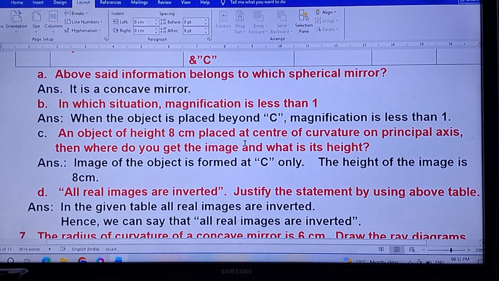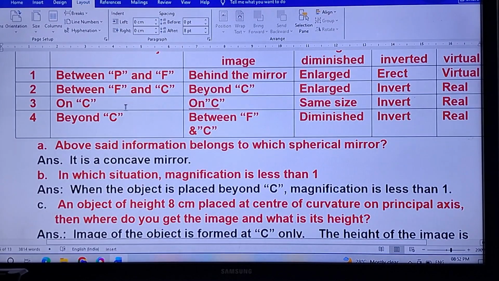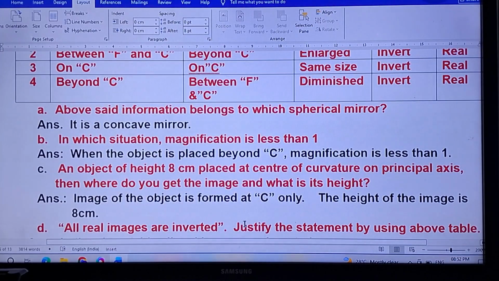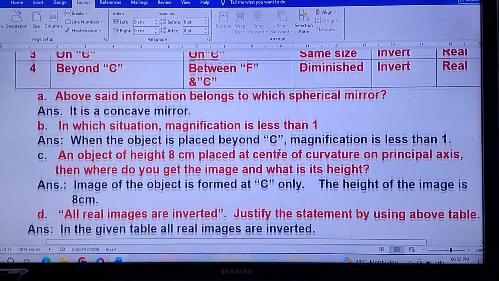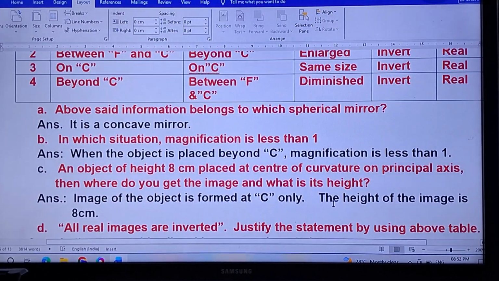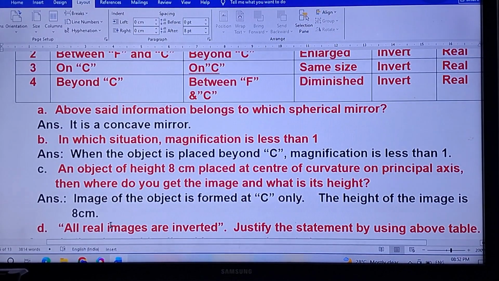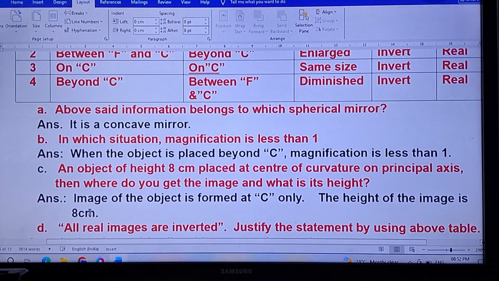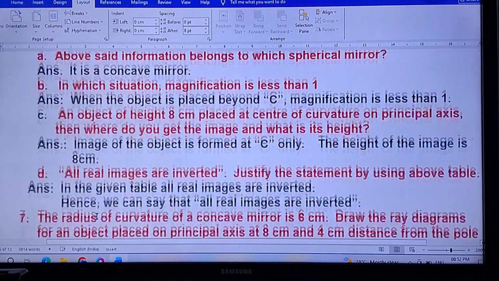When the object is placed on C, the image is also on C. So the image will be formed at C only. And what is the height? The same size. Whatever the height of the object is, that is 8 centimeters, the image is also 8 centimeters only.